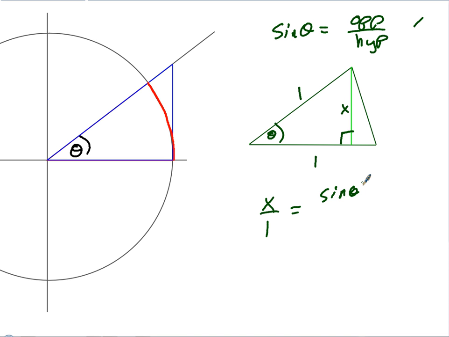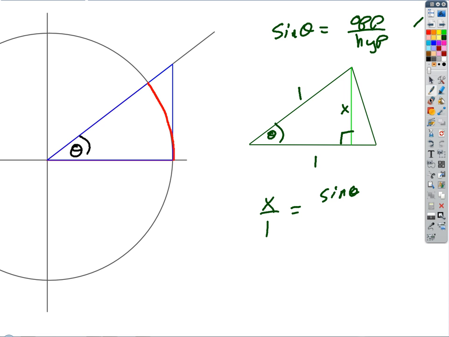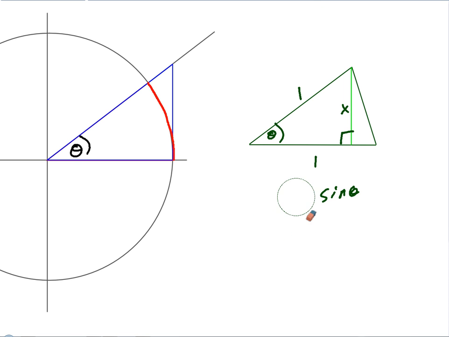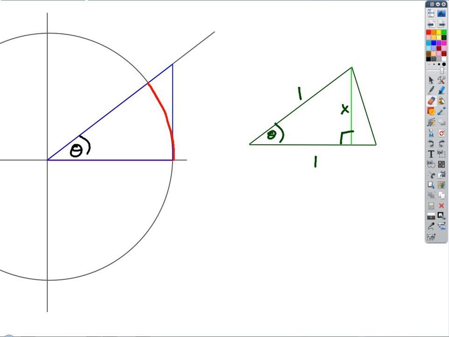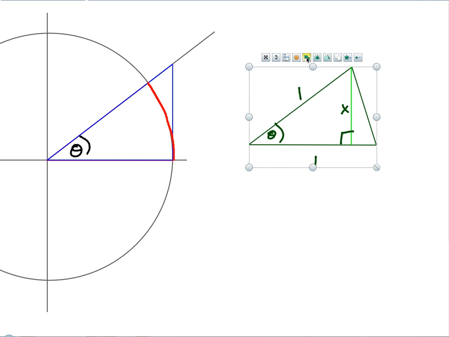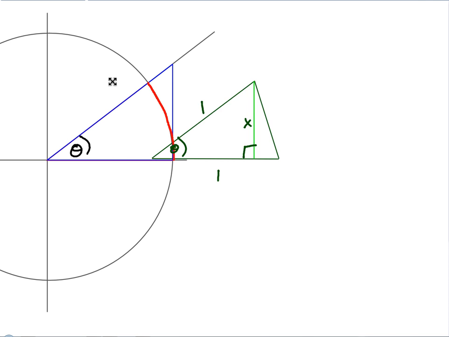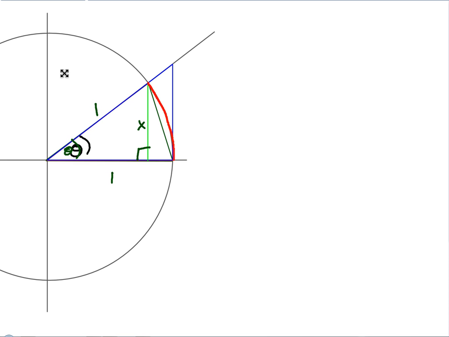And so x therefore equals sine theta algebraically. Okay? All right, so we know the area of that guy now. I'm going to group all that stuff and we'll slide him back. So he goes over there.